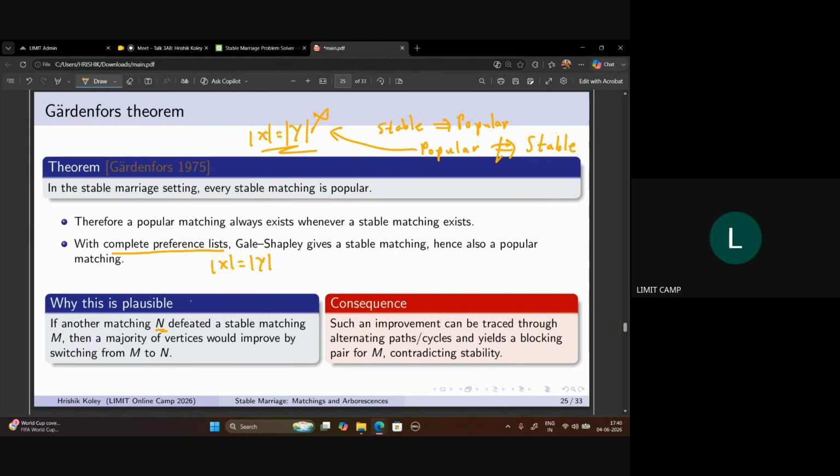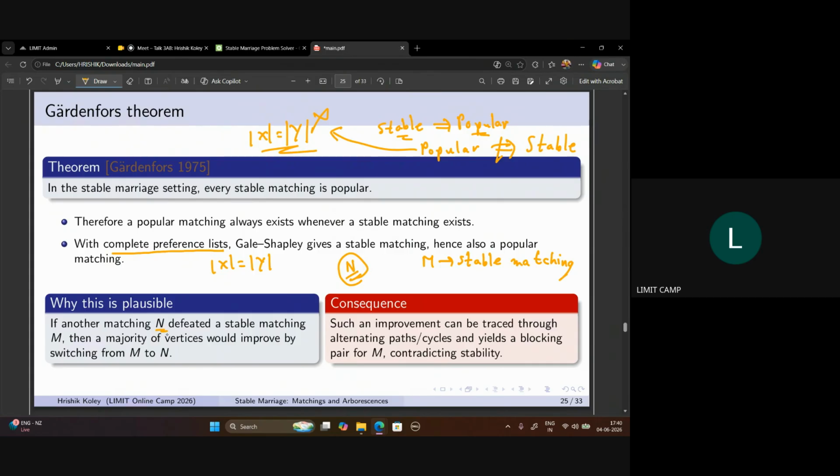So let's say the stable matching was not the popular matching, so there must exist some matching n. Let's say your present stable matching is m. There exists some matching n that is more popular than m.